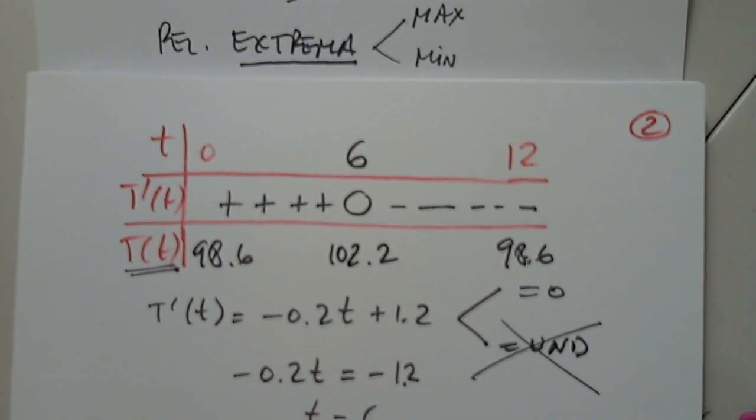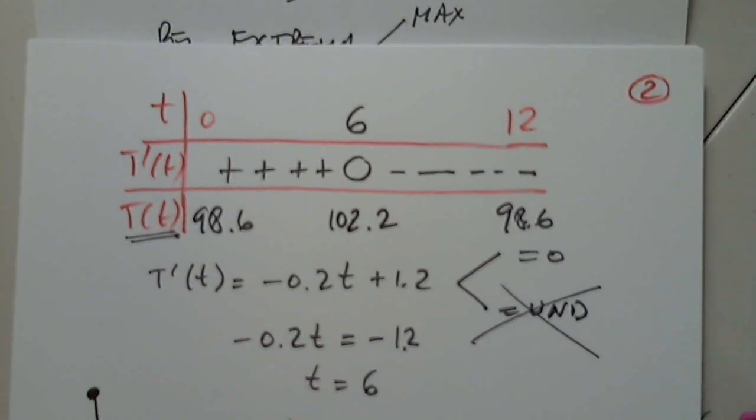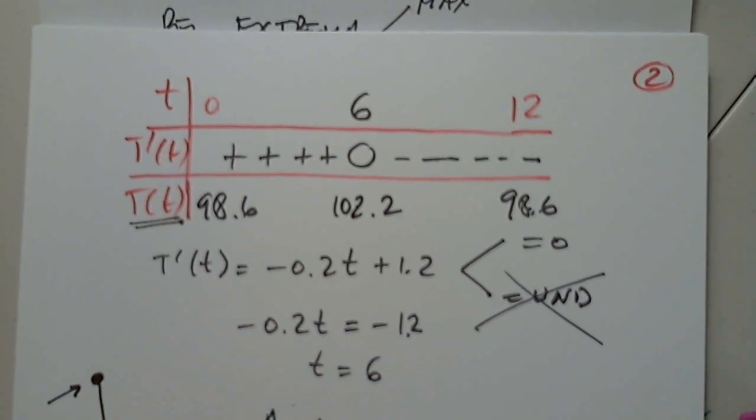For example, this goes on forever. No, it starts at this point and it ends at this point. These points, the endpoints, cannot be relative. Only a point where the function exists left and right can be a relative.